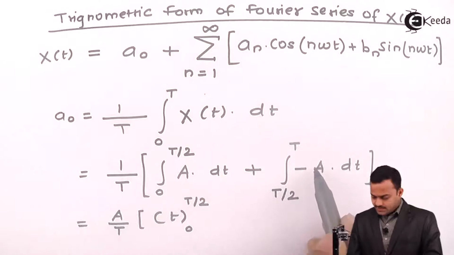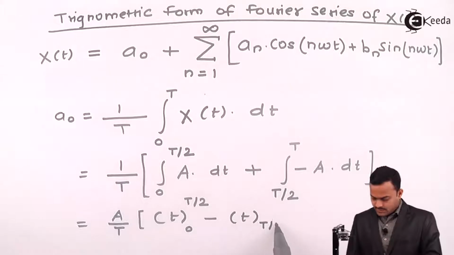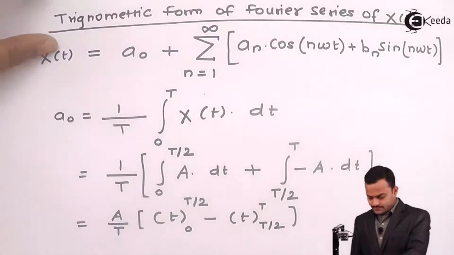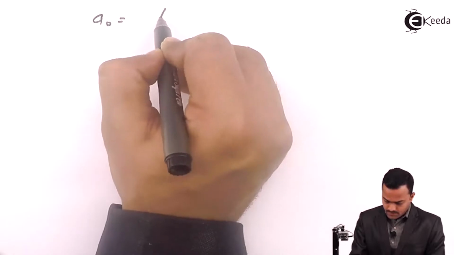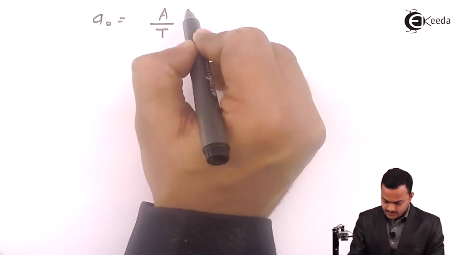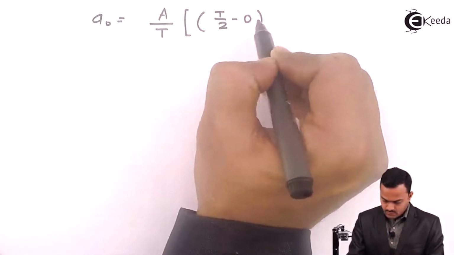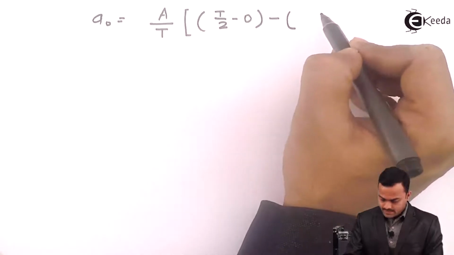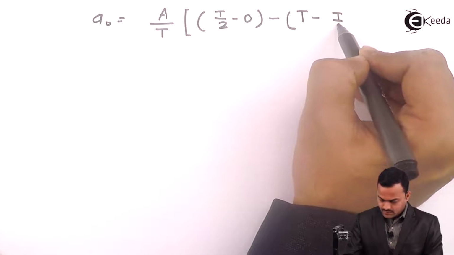In the same way, here also if I take A common, the minus will come, and the integral of dt is t, and the limits are T by 2 to T. So let's apply the limits. a0 will be A by capital T, T by 2 minus 0, minus T minus T by 2.